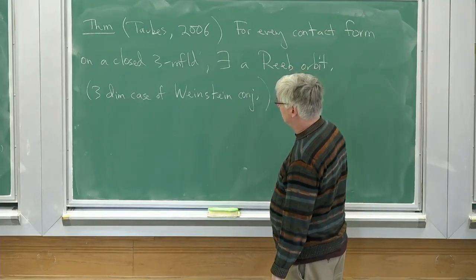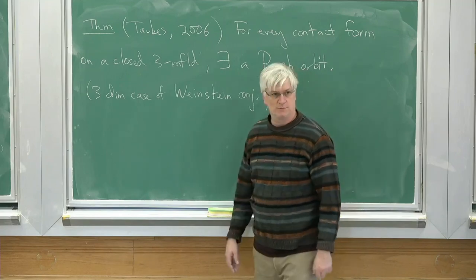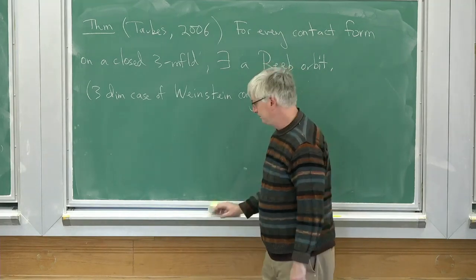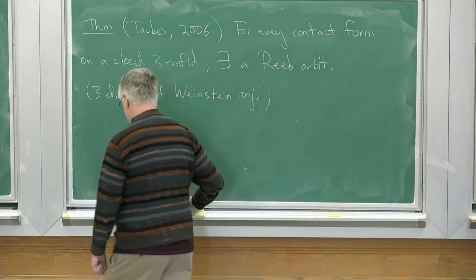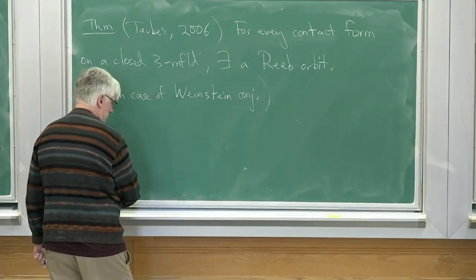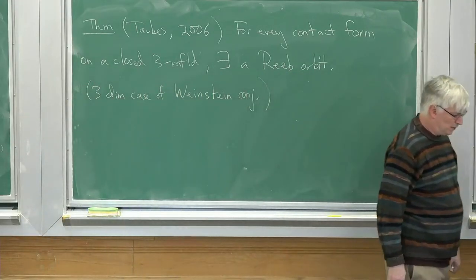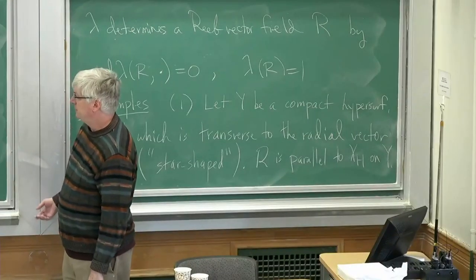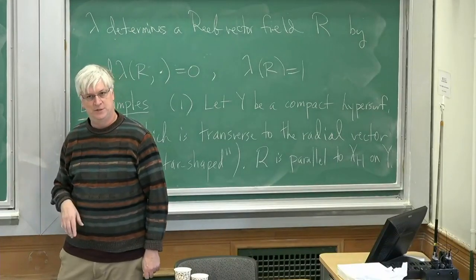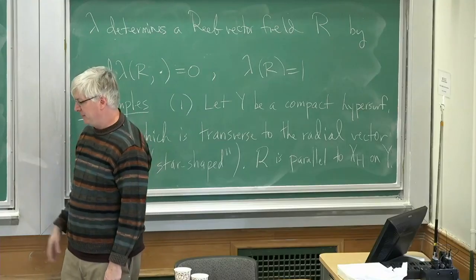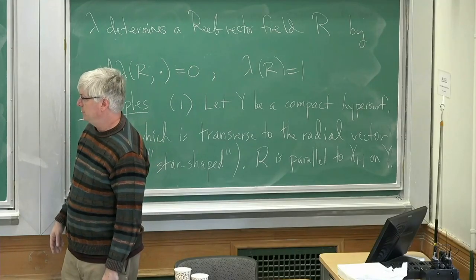The Weinstein conjecture in higher dimensions is mostly an open question. I don't know what exactly you need to assume about a vector field to guarantee the existence of periodic orbits, but being a Reeb vector field in three dimensions will do it.